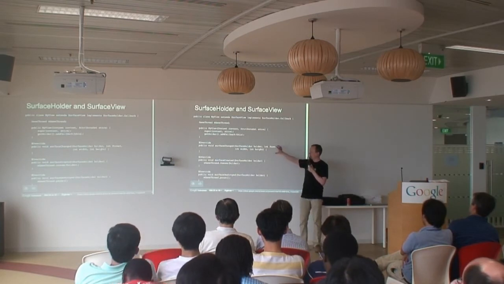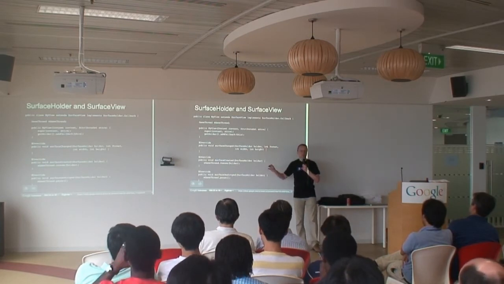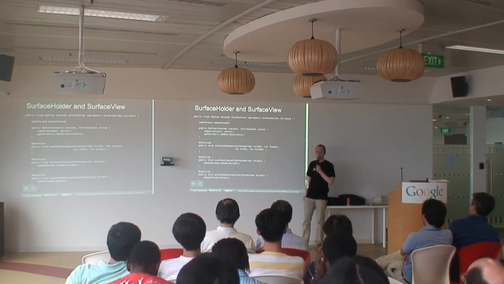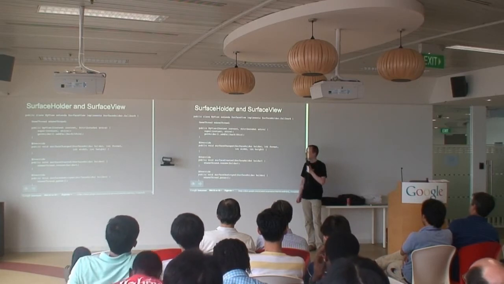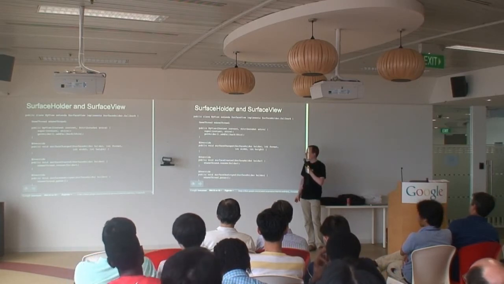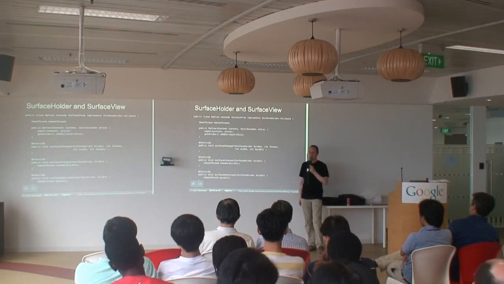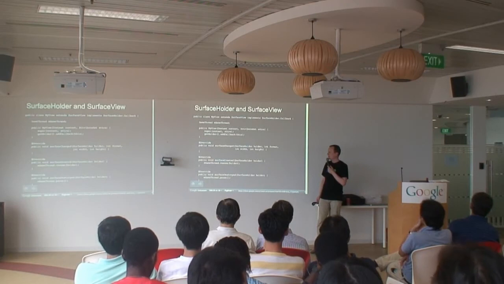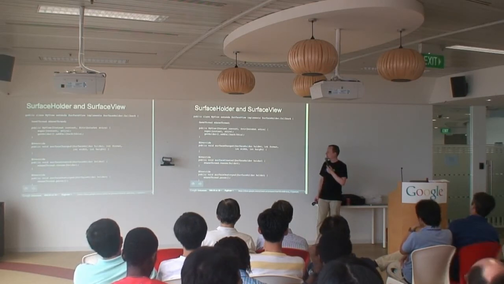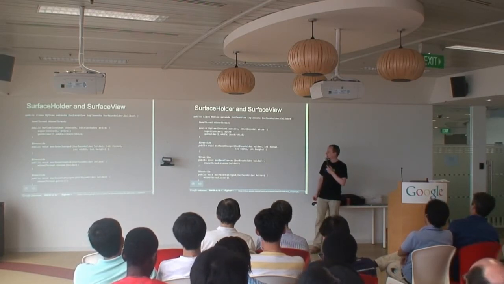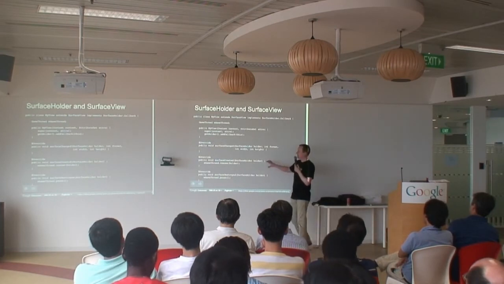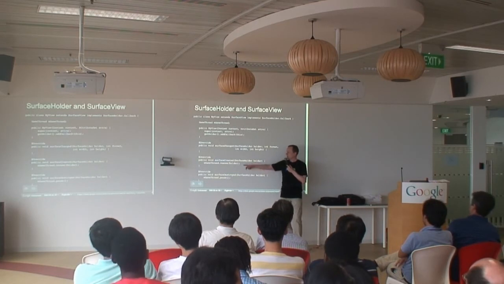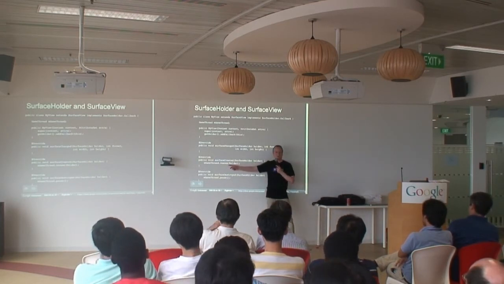So the first one is surface changed. It's called whenever the size of the view is changed. That doesn't happen very often, typically just once. And in case you have it maximized to the full size, that's the size you get. The second thing that happens is when the holder is created, and this is when we pass it to the thread.